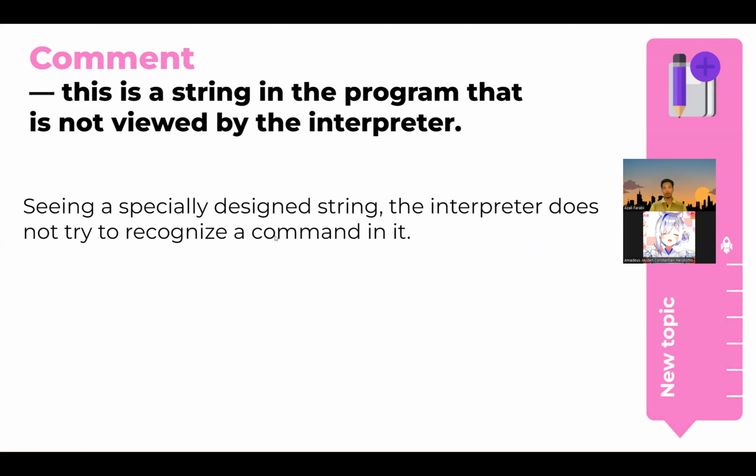To do that, we can use something known as a comment, Jaden. A comment is kind of a string that will be ignored by your interpreter. It means that when you do this, the interpreter will completely ignore this line of code.